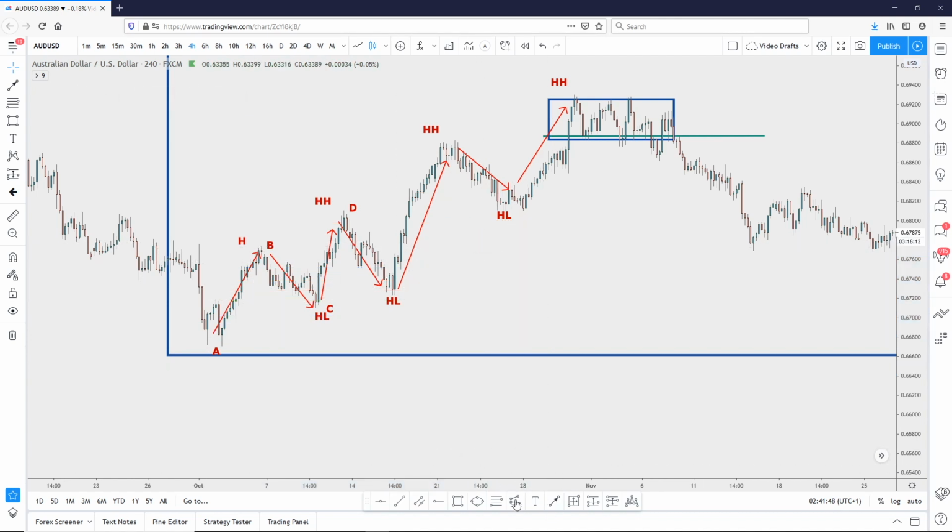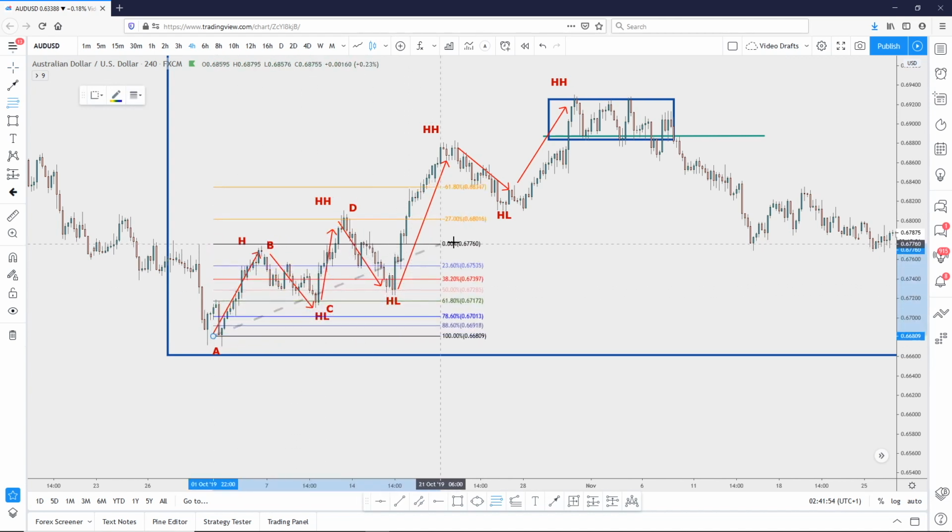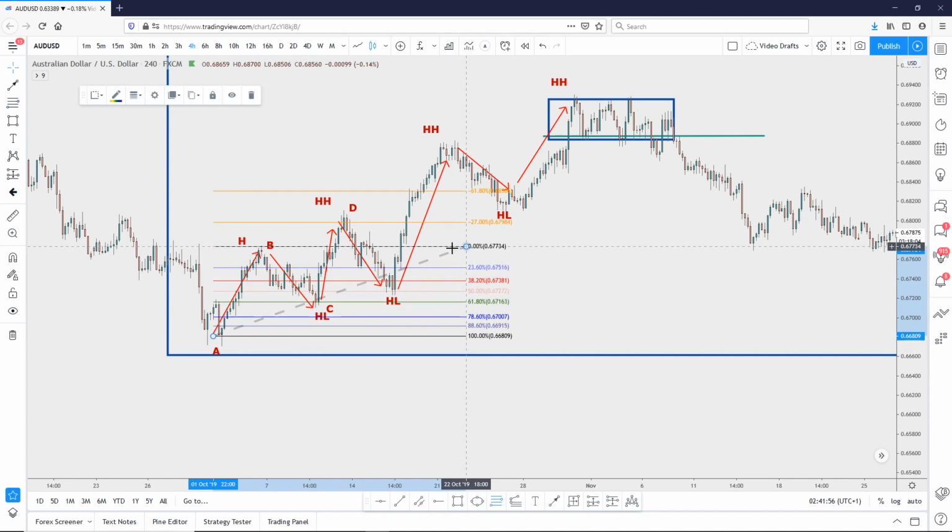So I'm going to do it again. From here to here, point B. So A, B. And like I said, this is Fibonacci retracement. So what we care about is the retracement, right? Retracement. And what is retracement?